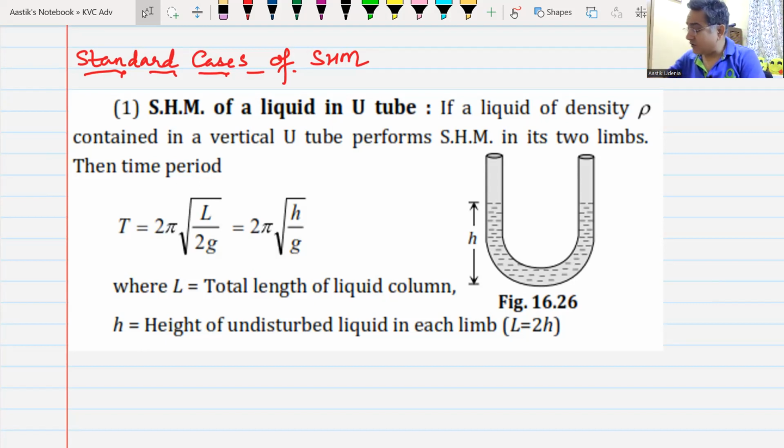Remember, the time period of this displaced liquid is 2 pi root over h by g. Just draw the diagram, write the answer. SHM of liquid in a U-tube, note all these things down very carefully.